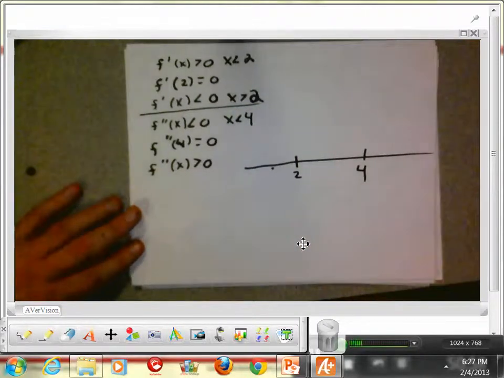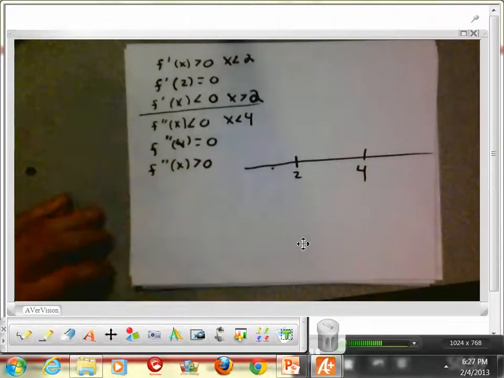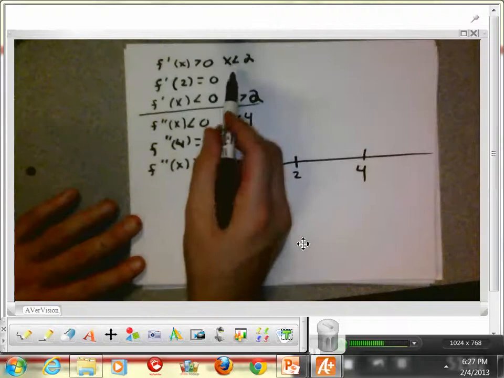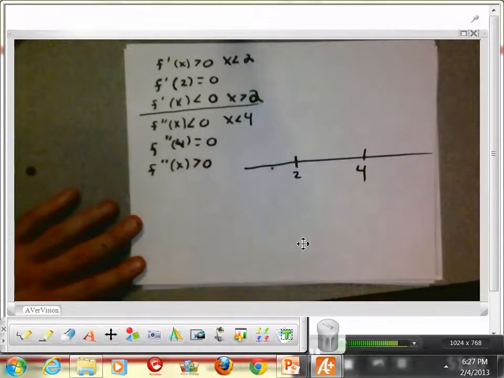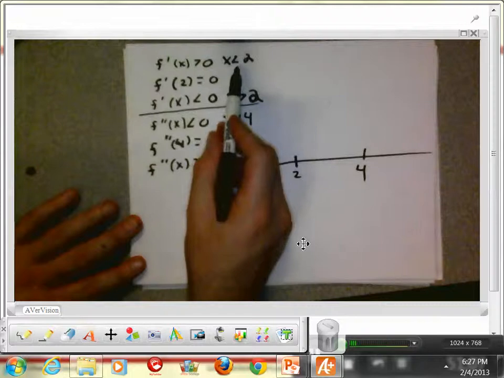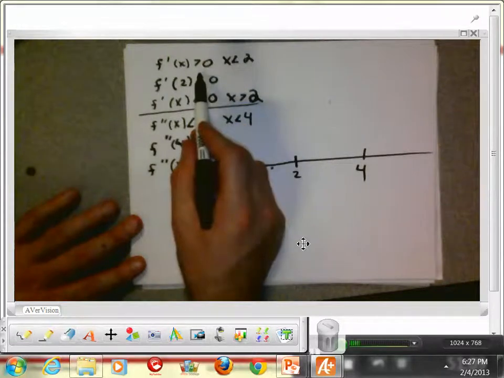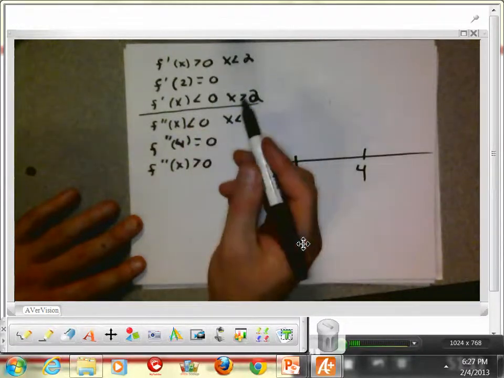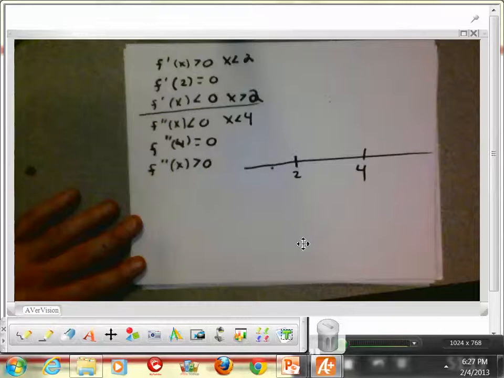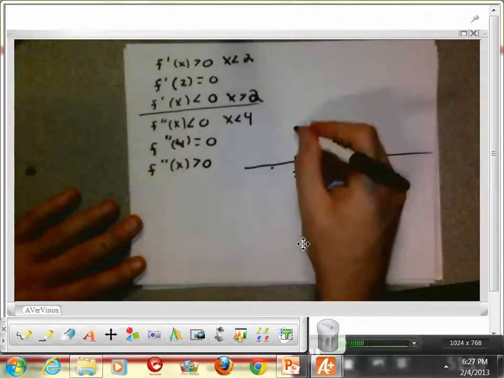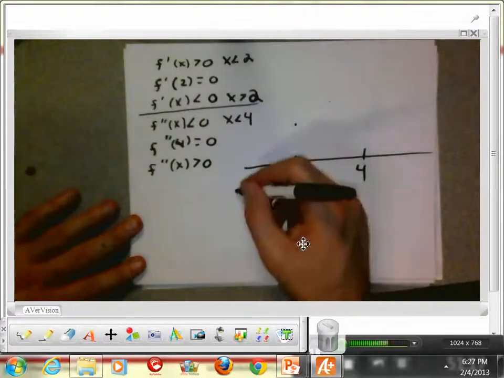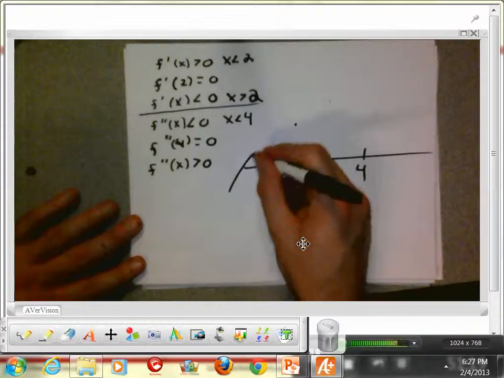All right? Now, if we're less than 2, what is the function doing? It's increasing. To where, I don't know, but I just know it's increasing. So it's going to go something like this.